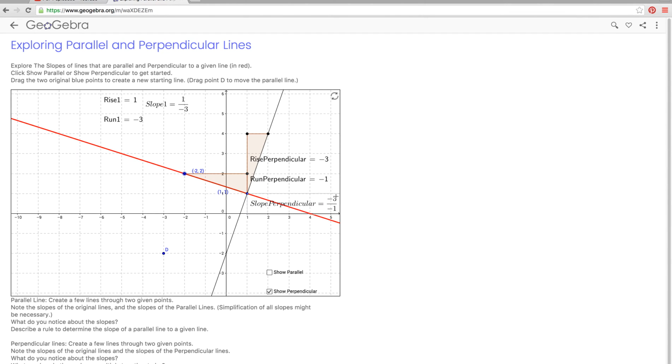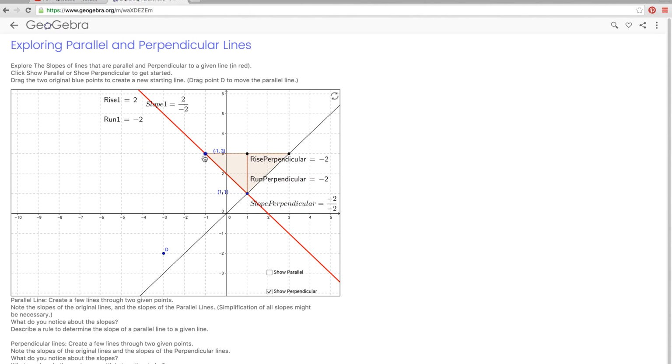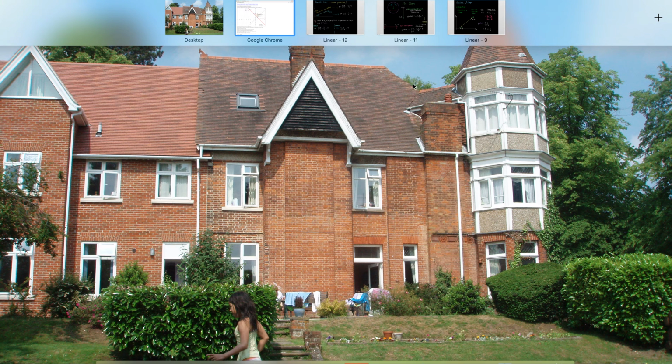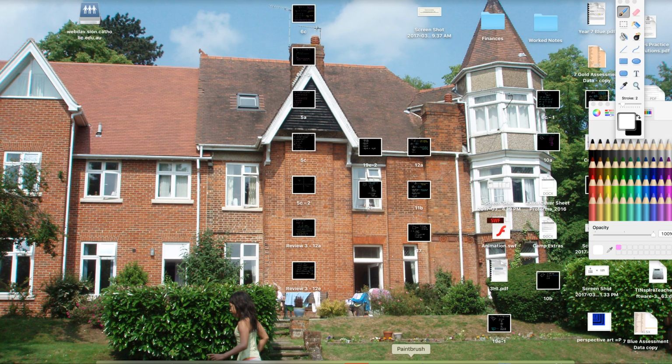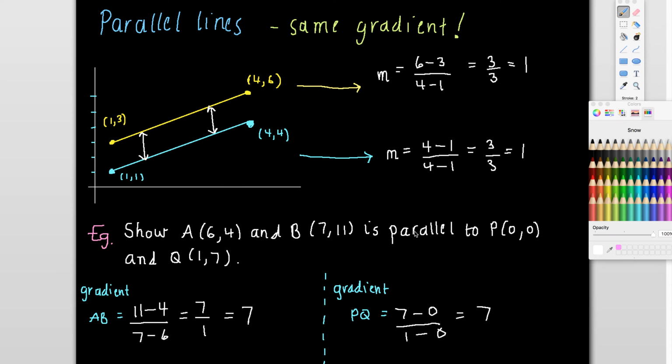It would be handy if they did cancel that out, but anyway, -1/3 by +3. When you do that with any of these combinations, such as this one here, so this would be 2/2 is 1, so this is -1, and this is +1 here. When you multiply them together, you will always get a particular value.